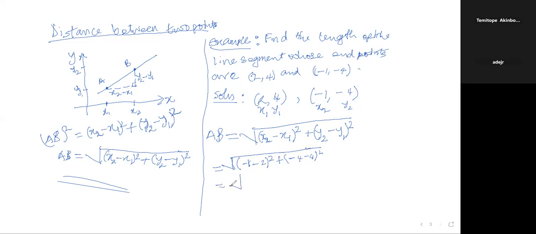And that will be square root of -3 squared plus -8 squared.